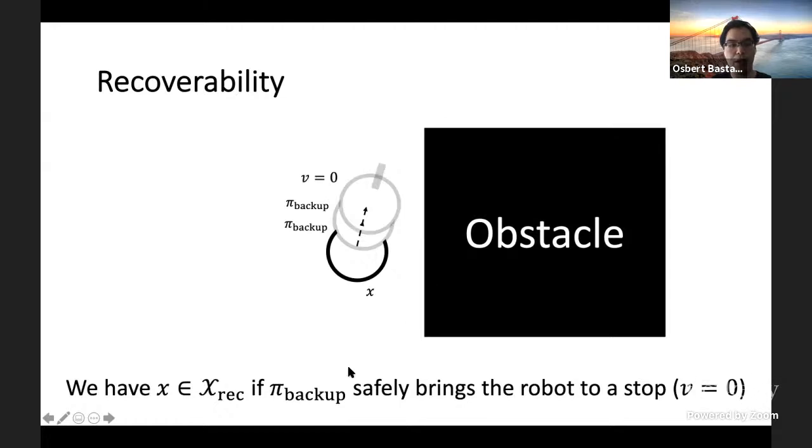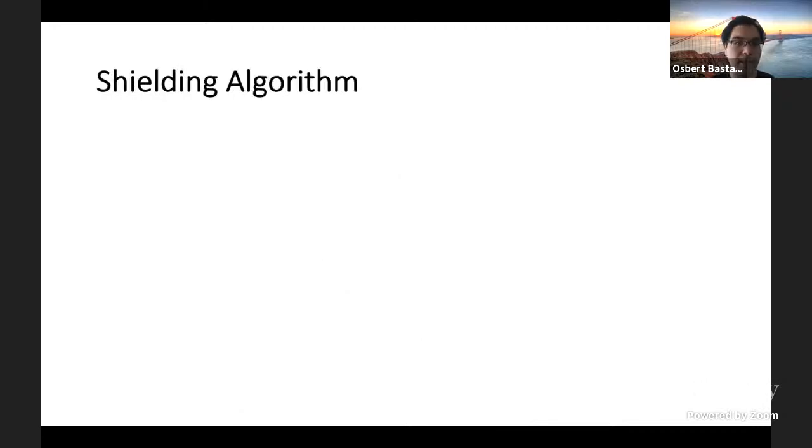A state is recoverable if the backup controller, which is basically just going to hit the brakes, can bring the robot to a stop without crashing into the obstacle. In this case, X is recoverable since pi backup can safely bring the robot to a stop. So that's the definition of recoverability.